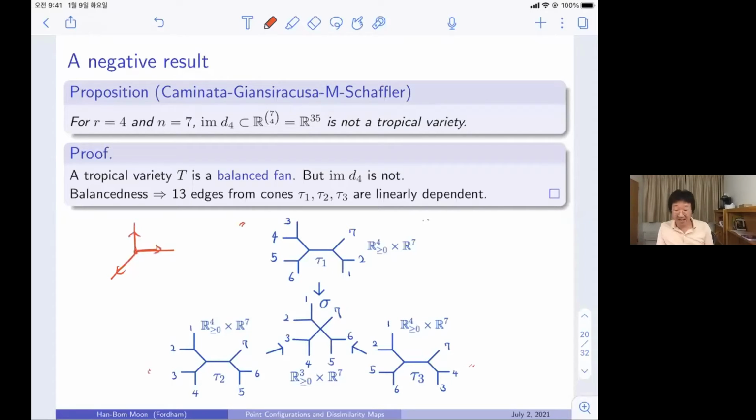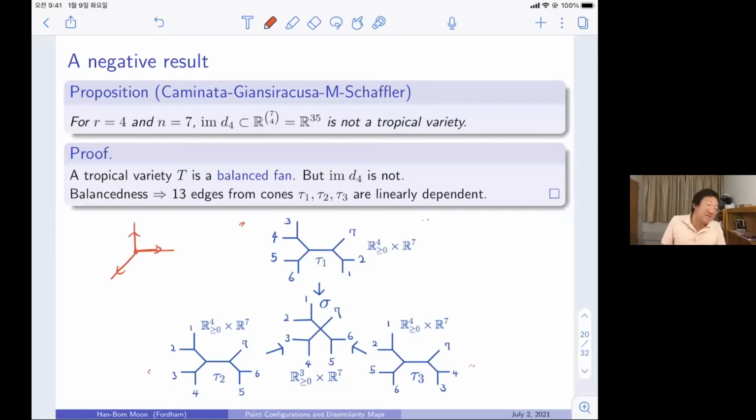So it cannot be a tropical variety. So, this is a really simple computation, but why didn't people recognize this negative result? My personal belief is that everybody believes that the image has to be a tropical variety because it has many interesting properties, but it turned out that it is not.